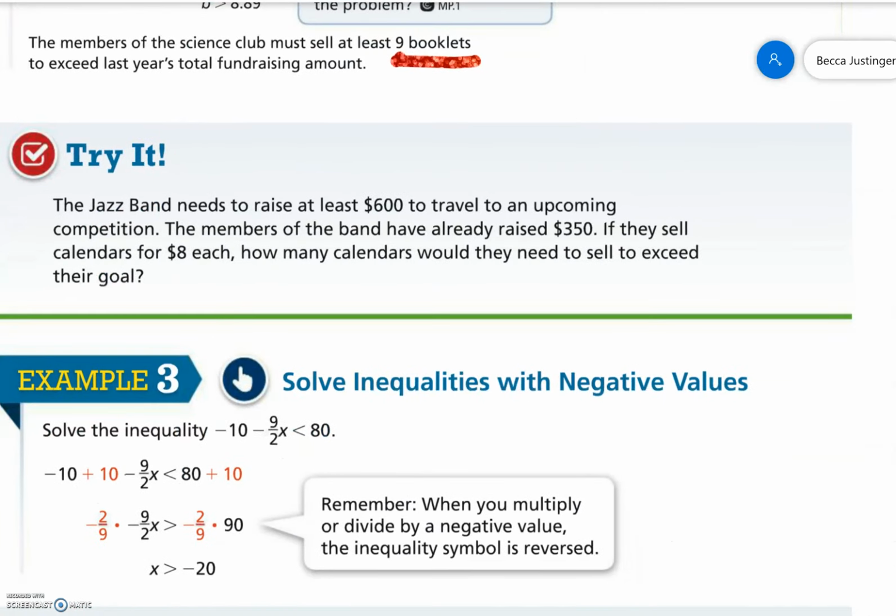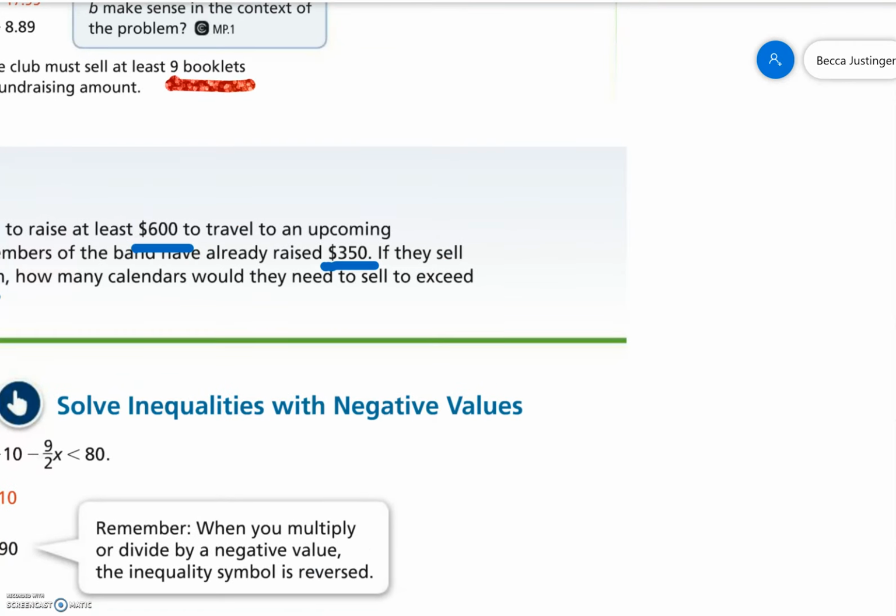Let's try it. The jazz band needs to raise at least $600 to travel to an upcoming competition. The members of the band have already raised $350. If they sell calendars for $8 each, how many calendars would they need to exceed their goal? So we know we already have $350, so that's what we're starting with. But that's not enough money because we want to have $600.